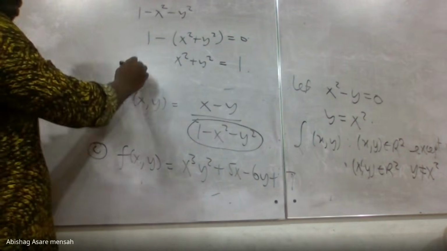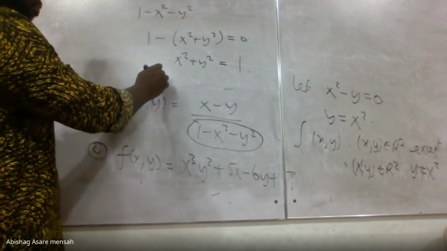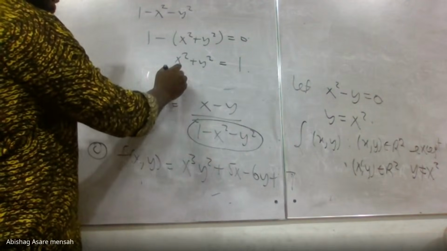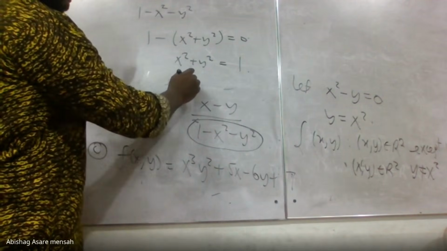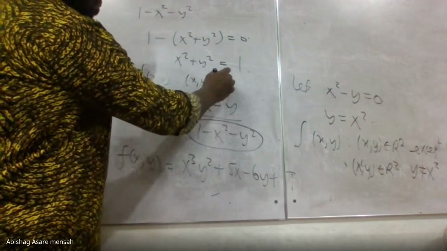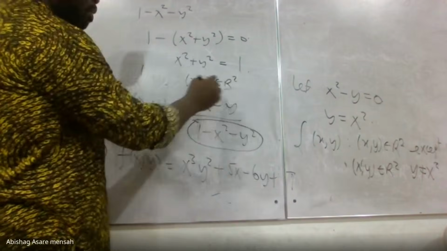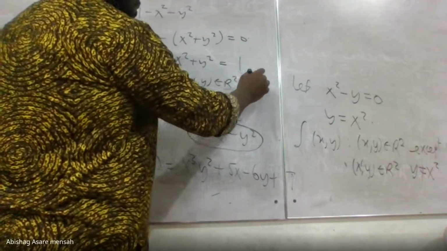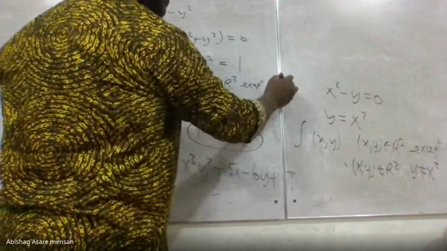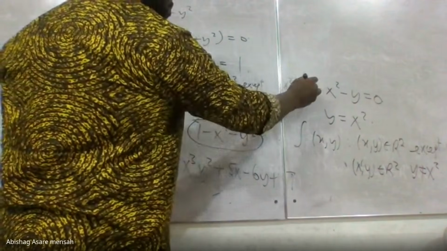So you write them as x and y belong to all real numbers, except x squared plus y squared equals 1.